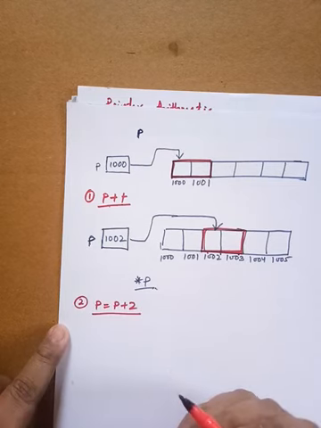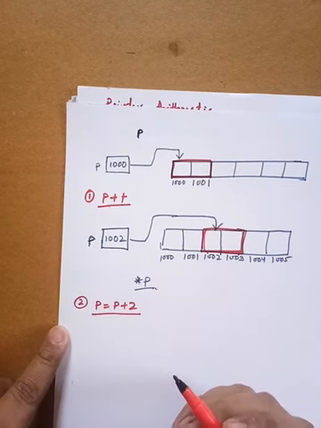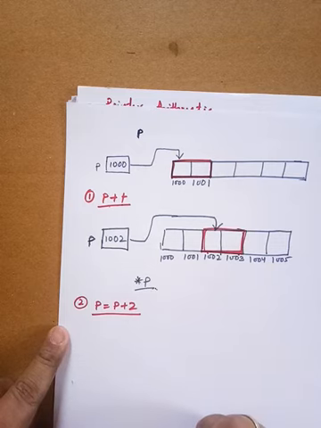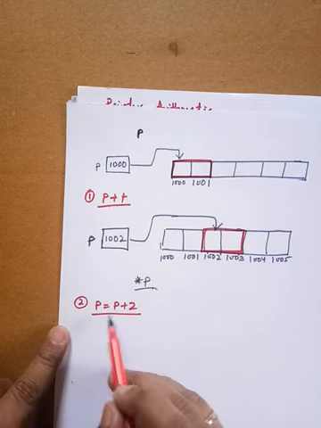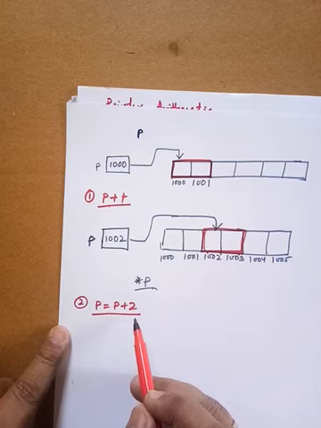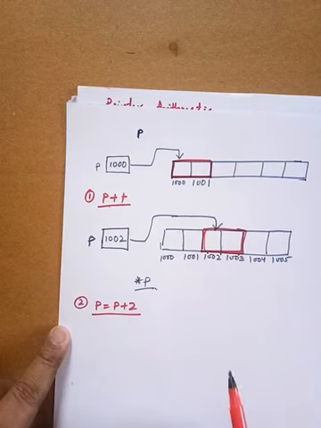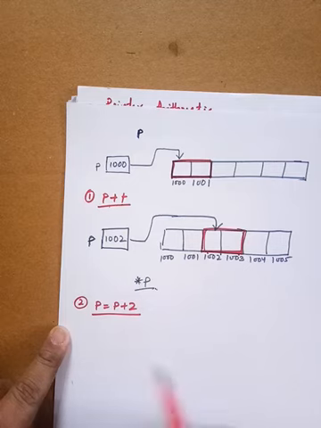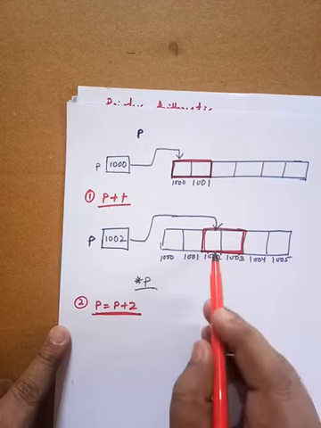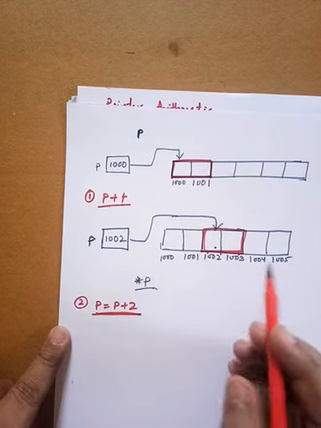Now take this example. Now p contains the address after incrementing by 2. This will contain the address 1006. So when you execute this operation, p now holds this address that is 1002.